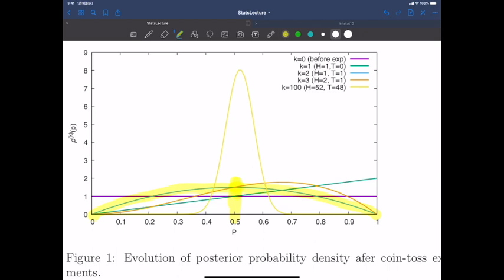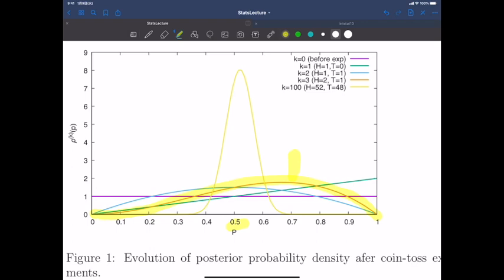In the third experiment, we use this density as the prior density and apply the Bayes formula, and suppose we got another head. So in total we have 2 heads and 1 tail, so we are a little bit more biased towards heads. The probabilities greater than 0.5 have slightly larger values than those less than 0.5, right?